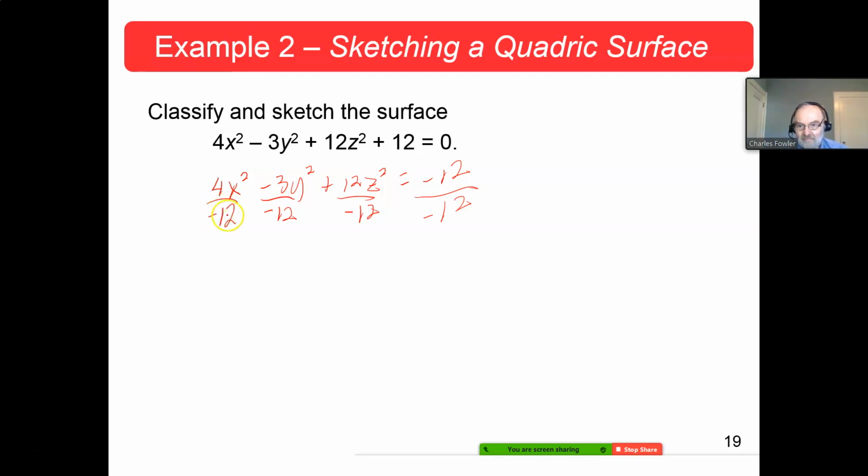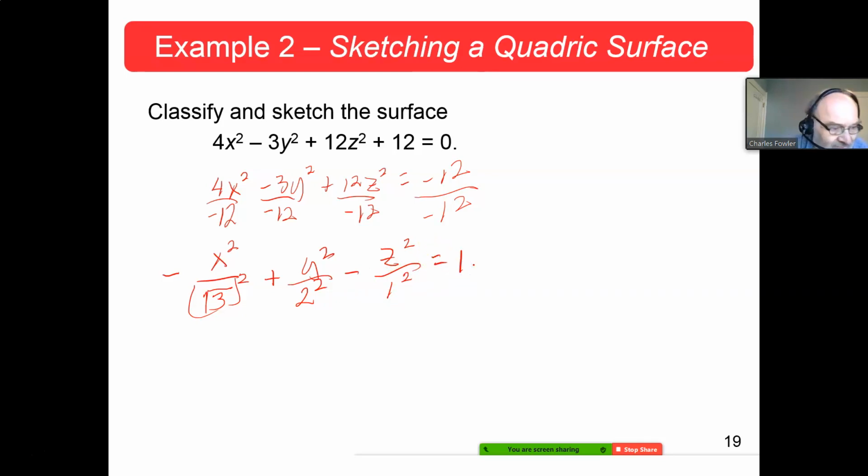Okay? Now, what does this give you? x squared over, now this is going to seem a bit strange to do it this way, the square root of 3 squared with a minus out front, plus y squared over 2 squared minus z squared over 1 squared, and that's equal to 1.